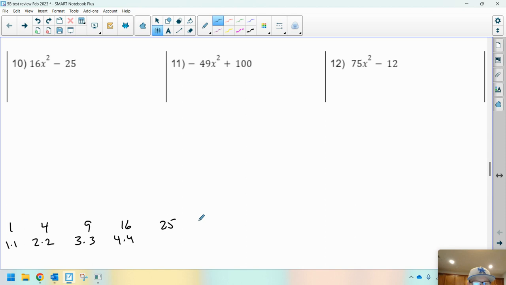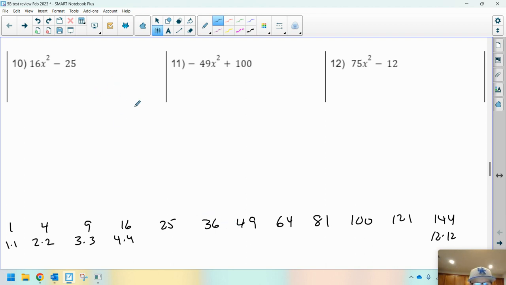I'm just going to keep going. 25, 36, 49. That was 7 times 7. 64, 81, 100. I'll go two more. 121 and 144. So that's all the way up to 12. 5, 6, 7, 8, 9, 10, 11, and 12 times 12. Okay, so those are perfect square numbers.